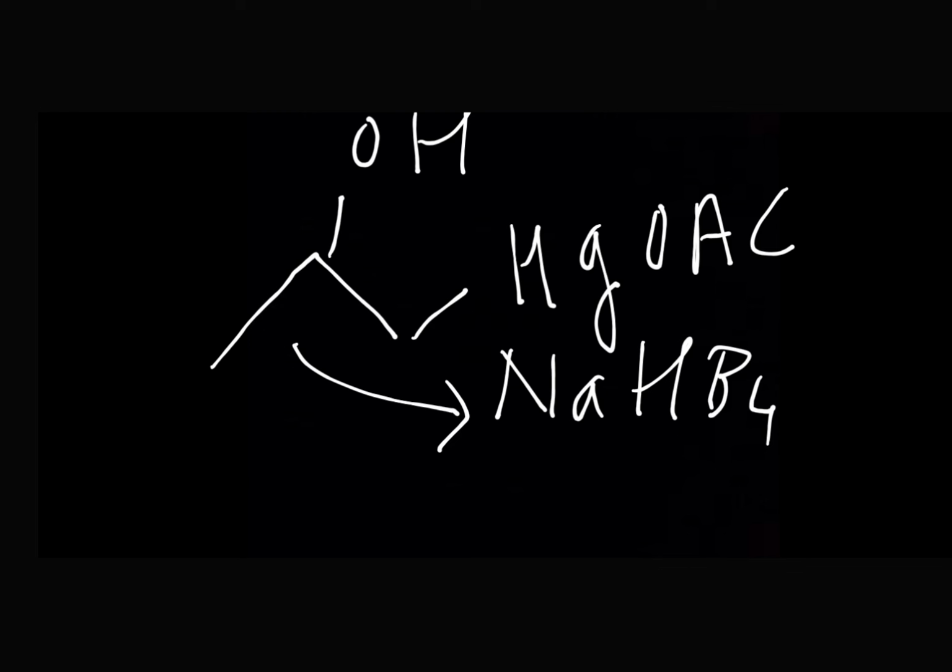So I'm just going to tell you that with this reaction, this group is going to be removed and replaced by an H. So this particular group will be removed, and then we'll just add H to it.